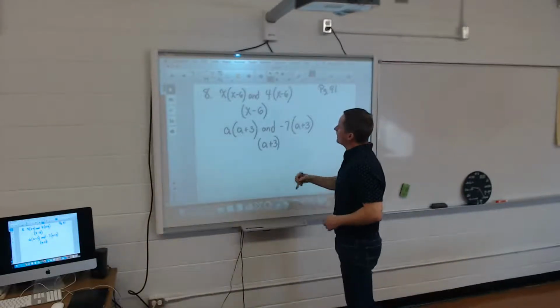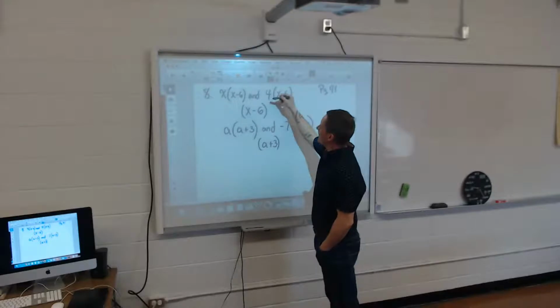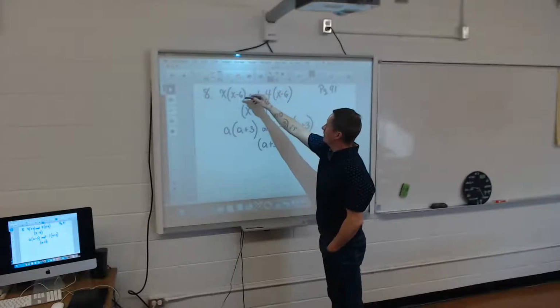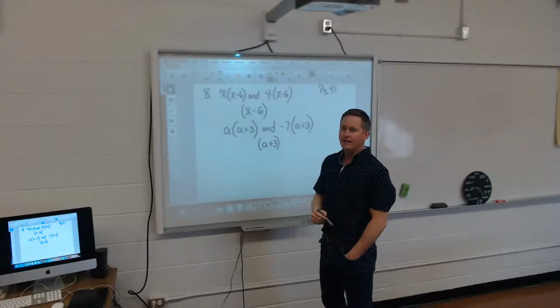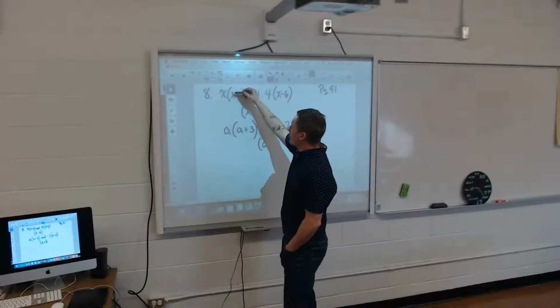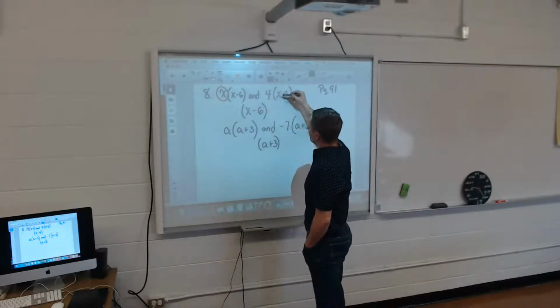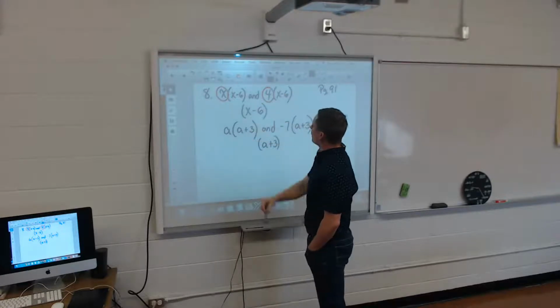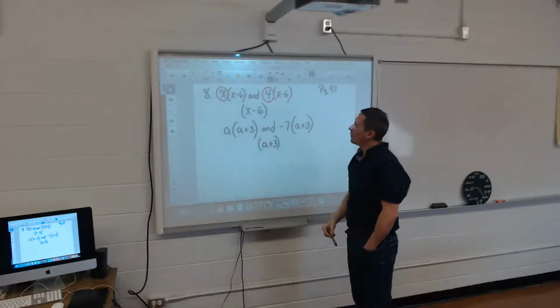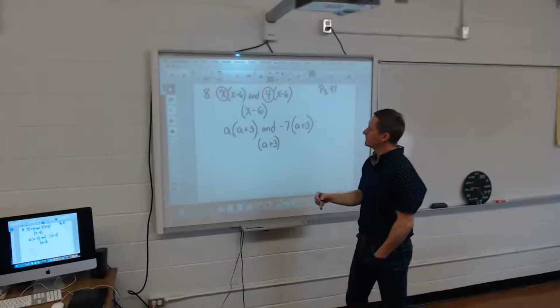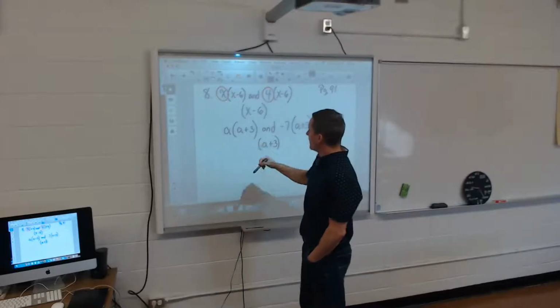does it, is, if I take an x minus 6 away from here and here, what am I left with? Well, if I divide x minus 6 out, I'm left with x. If I divide an x minus 6 out, I'm left with 4. Now those are going to be important values to us when we get into question 9.